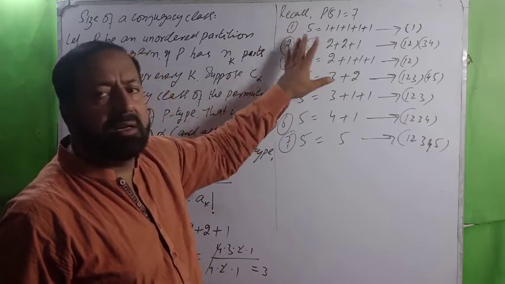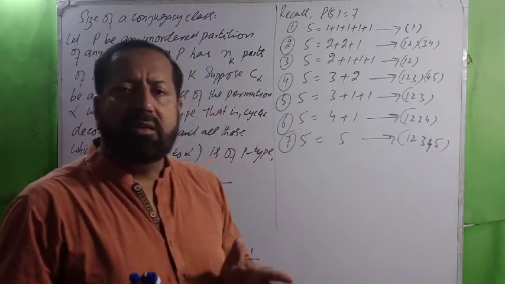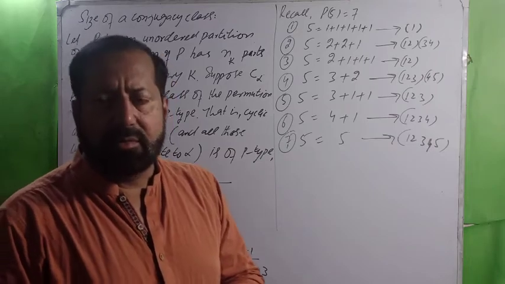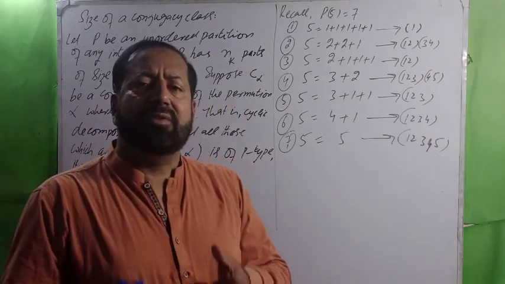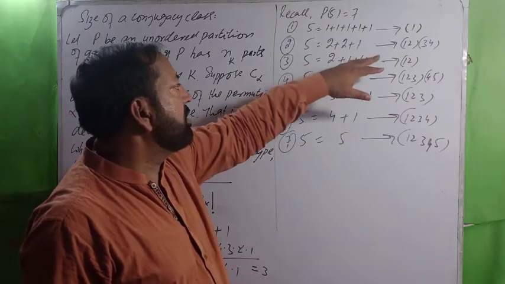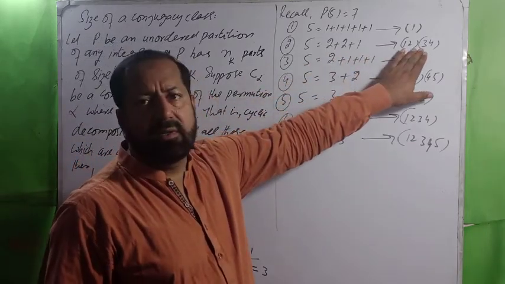It is also telling the cycle structure, the cycle type of that permutation, which is going to be part of the conjugacy class corresponding to this alpha, right?